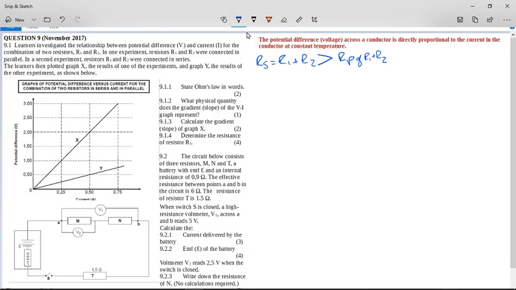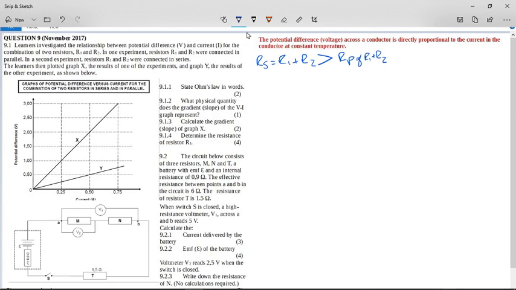But for the resistance in parallel, the relationship is more complicated because 1 over R parallel equals 1 over R1 plus 1 over R2. Okay, so the resistance in parallel is always less for a parallel circuit than for a series circuit with exactly the same resistors. So we must think about that before we do anything.